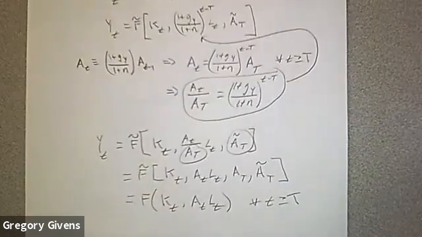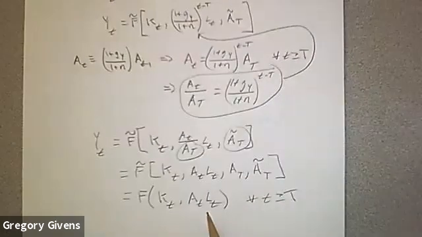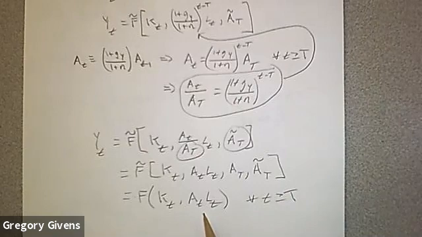So balanced growth, along with our basic assumptions about production and the resource constraint, implies that technology must take the form of this labor augmenting type. And again, this was stated and proved without reference to any specific model.